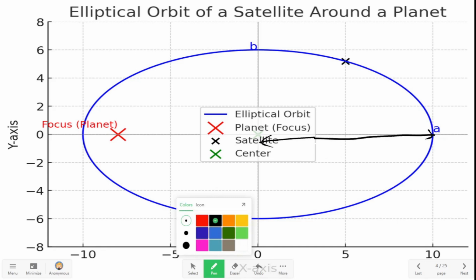This is the semi-major axis, denoted by A, and this distance, from center to this point, is called the semi-minor axis, denoted by B. And the distance from the center to one of the foci is denoted by C.